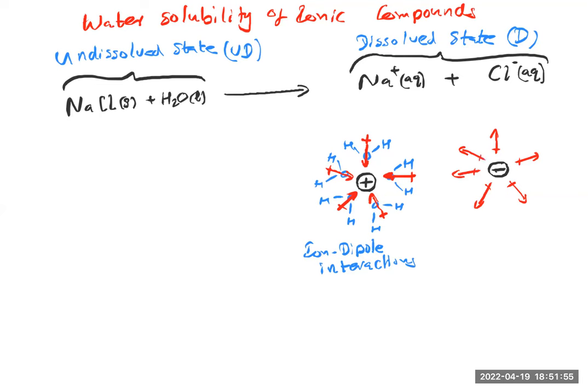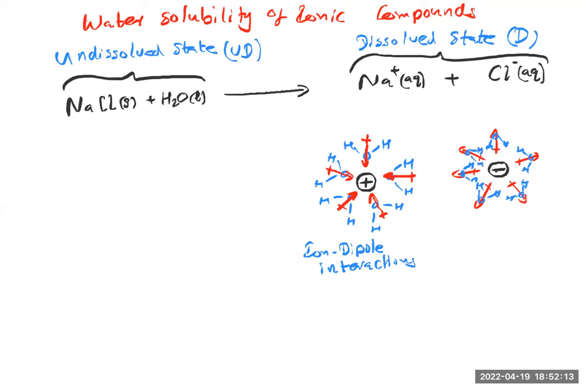If you want, you can draw the water molecules as well, just for the completion of our picture. You can see the water molecules are getting ordered. This is also called the ordering effect of water.